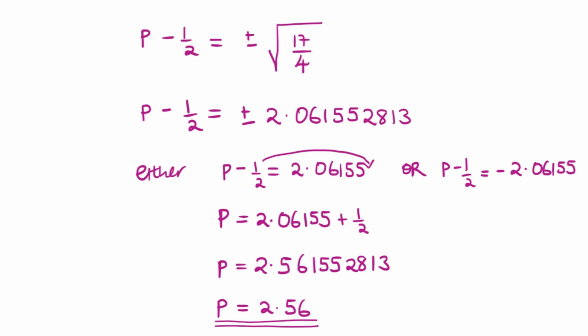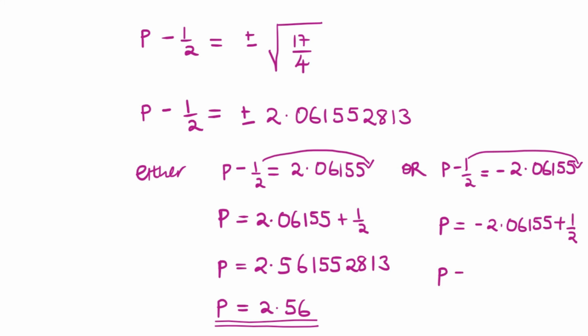On the other side again, we'll equally do the same. We'll say p is equal to negative 2.06155. Minus half goes to the other side, it will be plus a half.